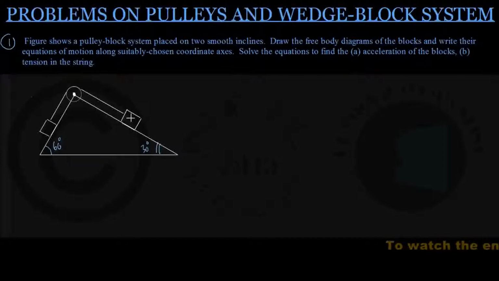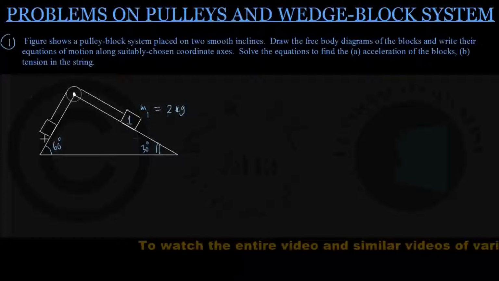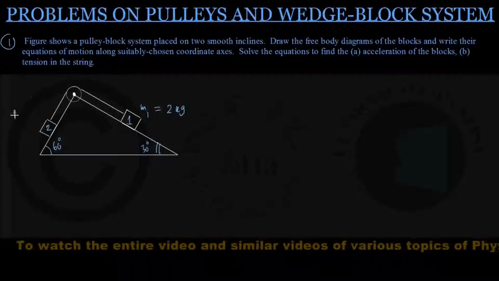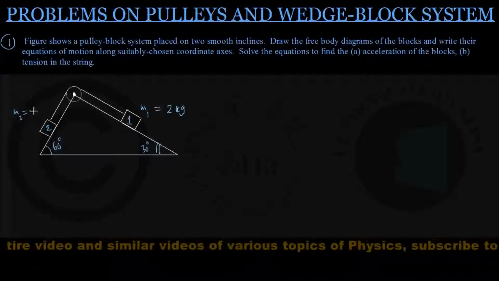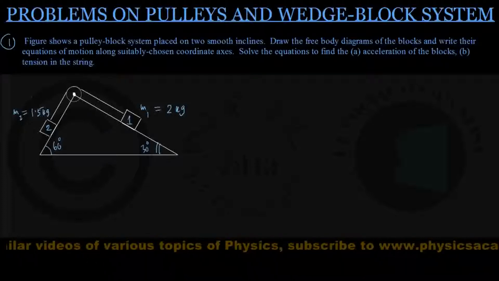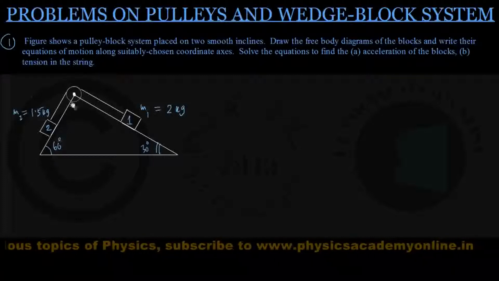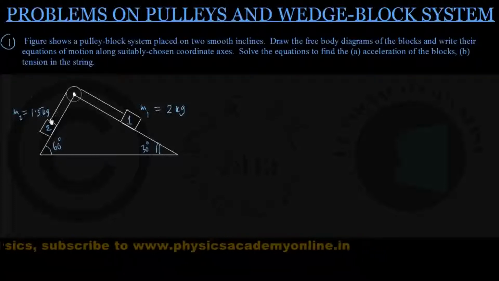This is block number 1 and its mass is symbolically m1, that is given to be 2 kg, and this is block number 2, a slightly smaller block, and its mass is m2, that is given to be 1.5 kg. As you can see, there is a string that passes over a pulley attached to these inclined planes, and this string is attached to these two blocks.